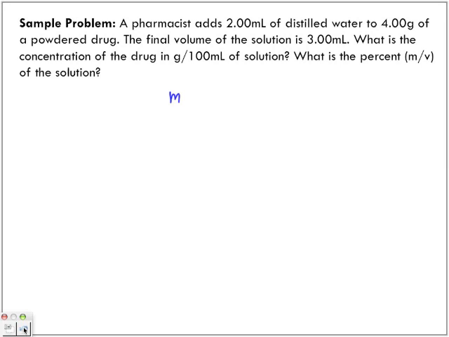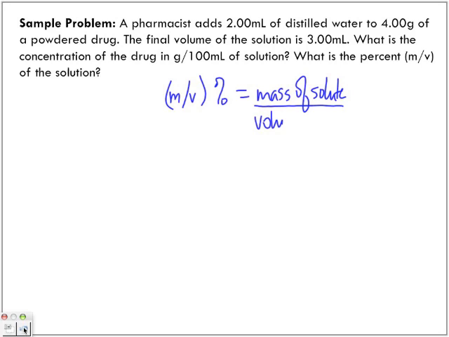Mass per volume percent is equal to the mass of the solute divided by the volume of the solution, times 100 to give us an answer in a percent.